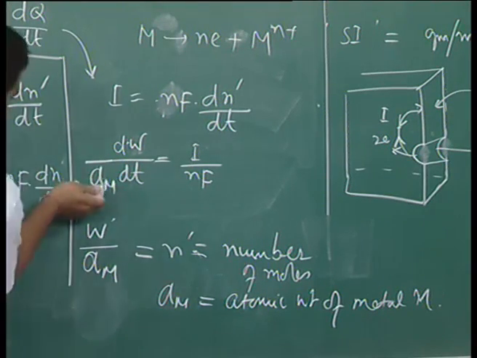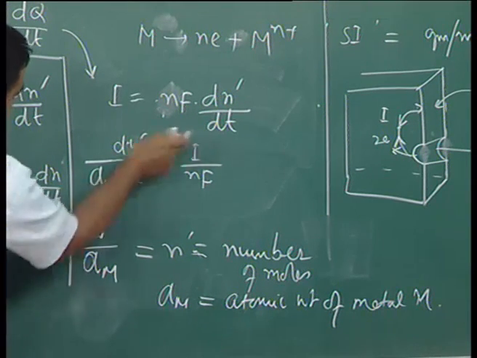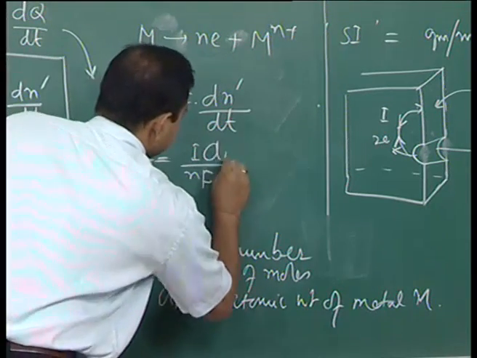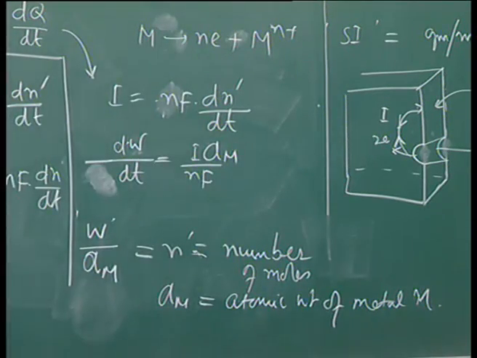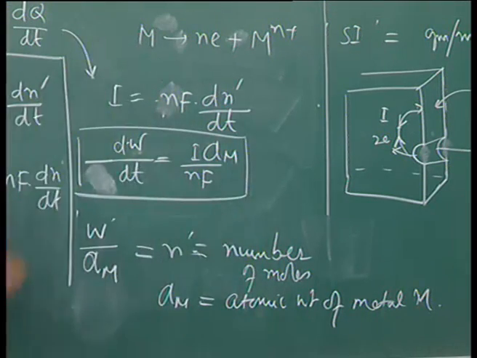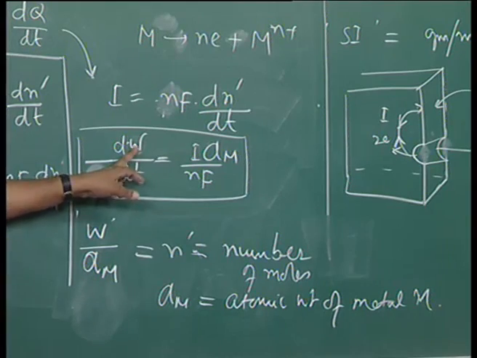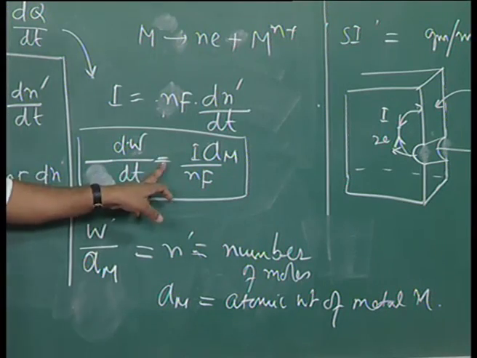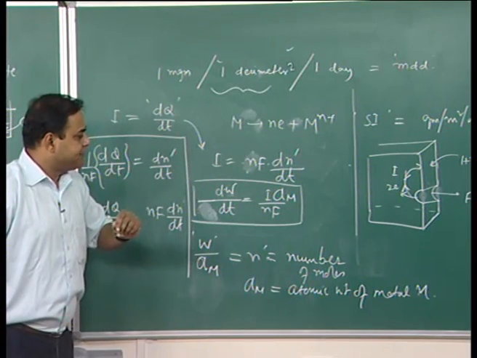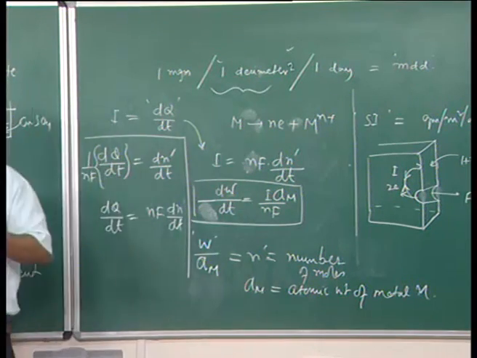Now I can take this AM part, the atomic weight of metal M, to that side. Now, this is another relation which tells you the weight loss per unit time is equal to current into the atomic weight of metal M divided by NF.